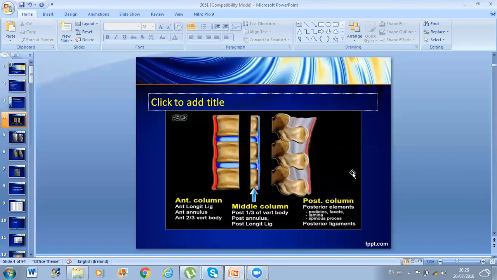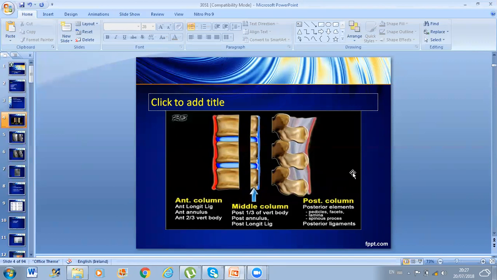But if only the anterior and middle columns are involved, you will investigate further by assessing the posterior longitudinal ligament and posterior column with MRI, and then decide. So one column is stable, two columns needs a look for other pathology, and three is always unstable. Did you understand this? Yes, sir.